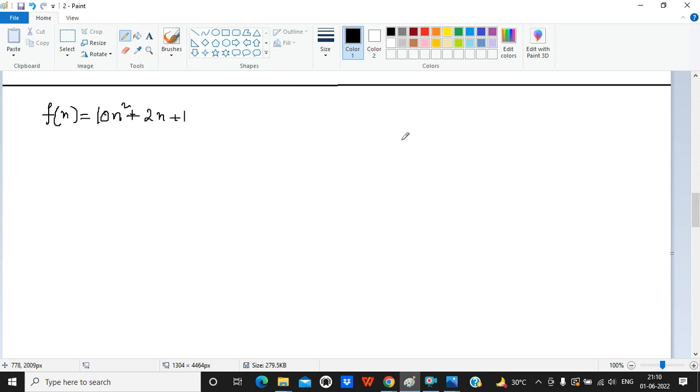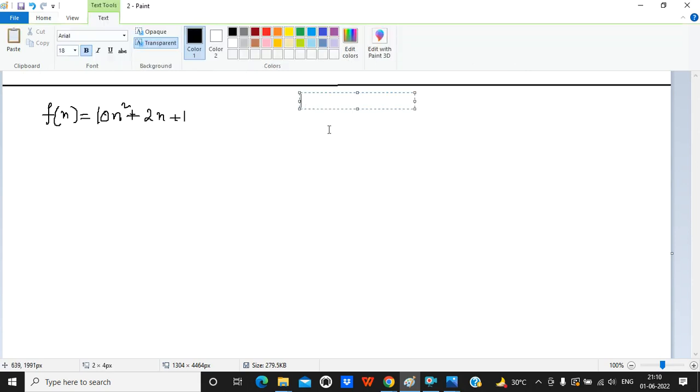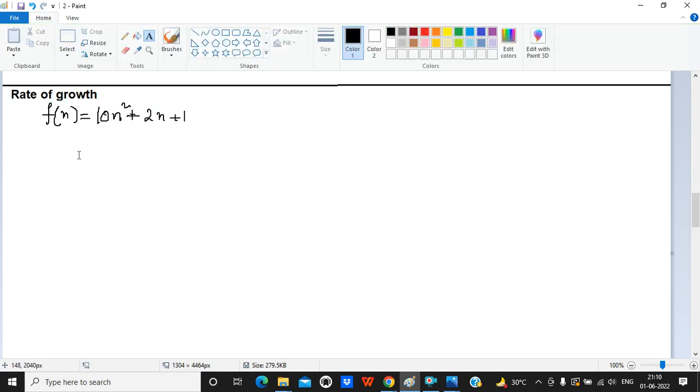That is called rate of growth. That is another very important term, rate of growth. Now, what is rate of growth? Rate of growth is something which is the most essential and crucial part in analysis of algorithm.